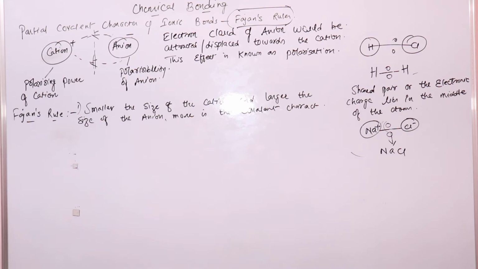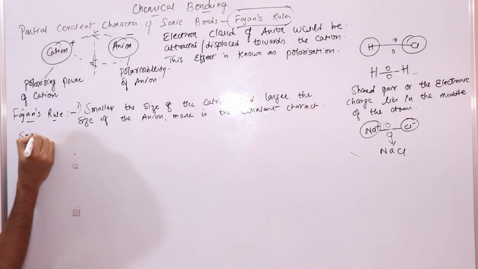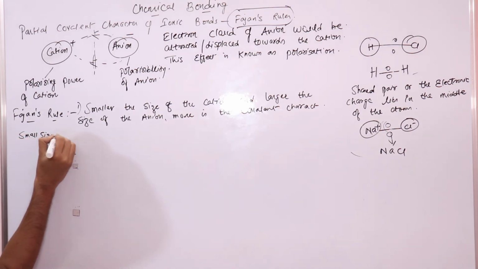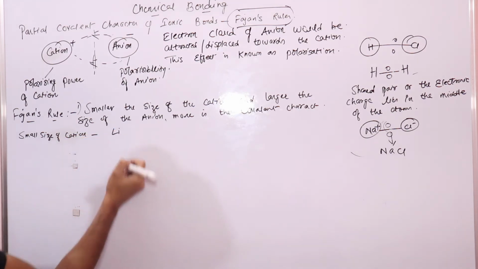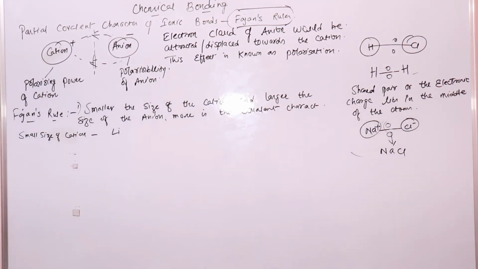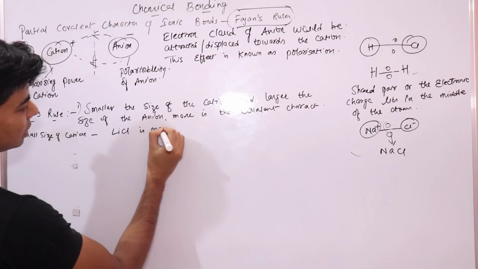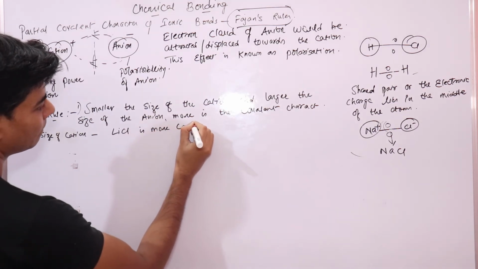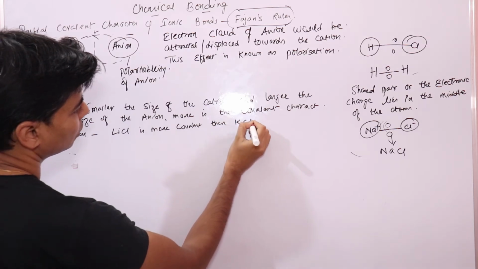The example is small size of the cation. For small size of cation, we have lithium chloride is more covalent than potassium chloride.